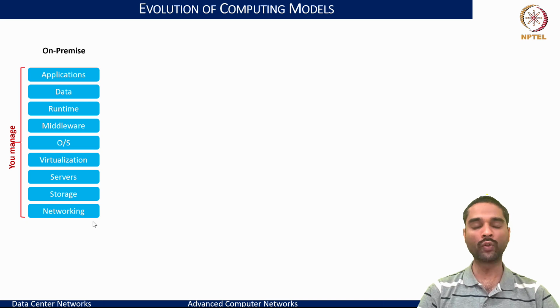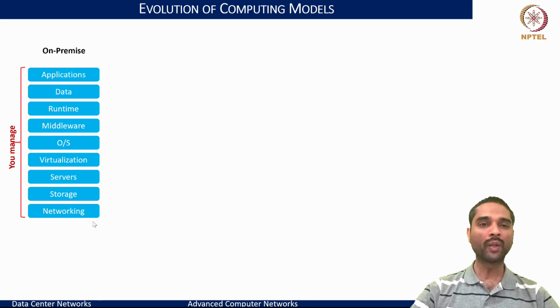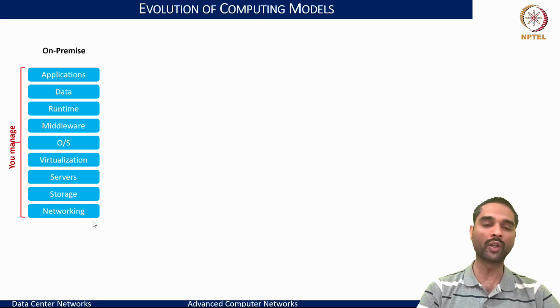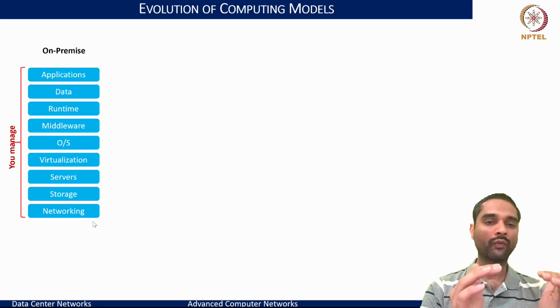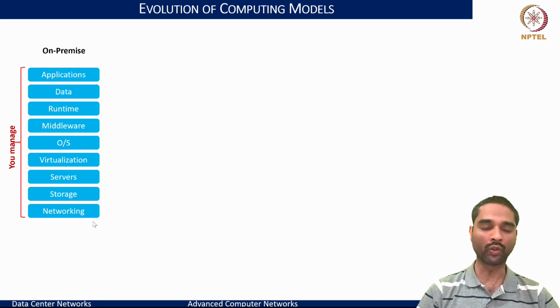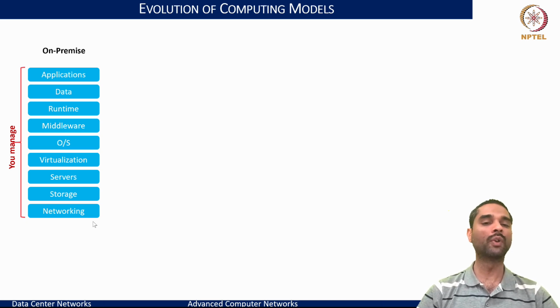And to put this in perspective and see what really matters and how things change, if we see this on-premise setup, whenever we want to do this on our desktops or within our campus networks or in an enterprise, we have to define the entire stack, starting from the applications point of view, what we want to build, and for those applications, what kind of data and runtime we need to support, what's the database that we need to set up, what kind of middlewares we would want to have, what is the operating system, whether we want to use virtualization layers, like the hypervisors, and including the hardware at the bottom in terms of what kind of server, storage, and networking infrastructure that we want to build.